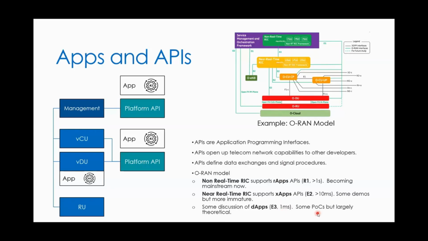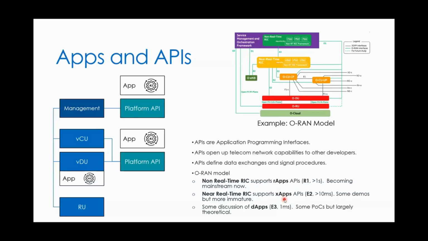There have been a few proofs of concept for that, but it's largely theoretical at this point, whereas the non-real-time RIC and near real-time RIC, rApps and xApps, are much more standardized. rApps are by far the most common at the moment, and pretty much dominate the discussion today. xApps, there's a bit of debate among different companies.